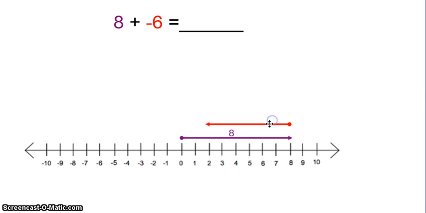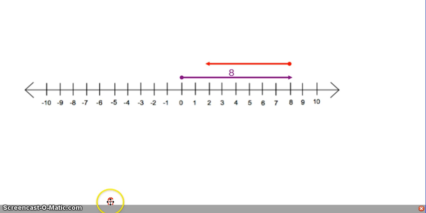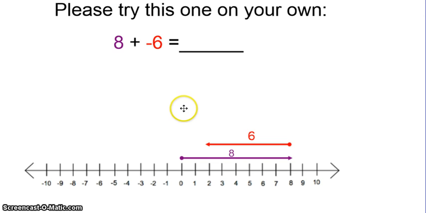If we go back 6 towards 0, because that is going in the negative direction, which is the left, we will end up at 2. That will be our answer. So 8 plus a negative 6 equals 2.